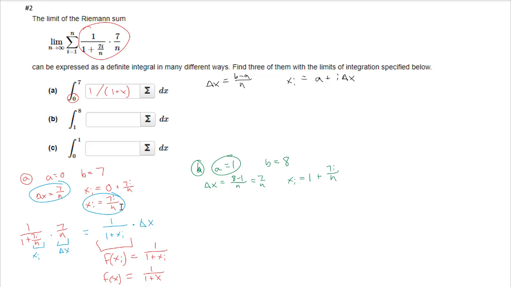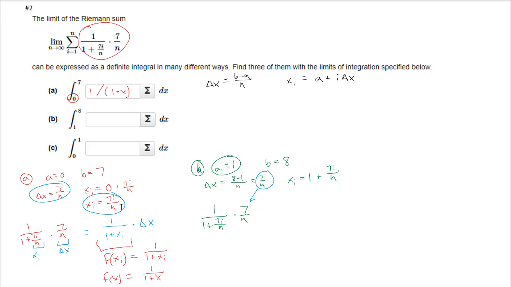Now the function I'm dealing with is given to us: 1 over 1 plus 7i over n, times 7 over n. Let's pick out our parts. I see my 7 over n, right here, so that's my delta x.